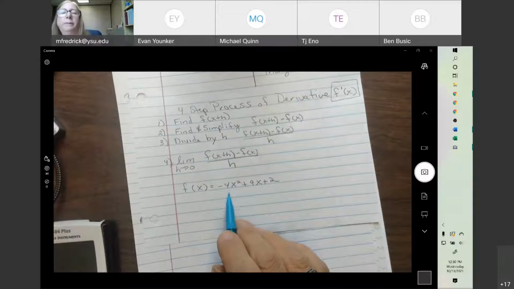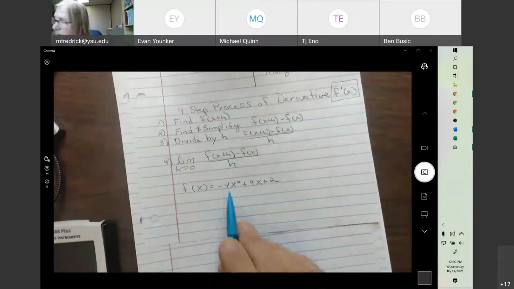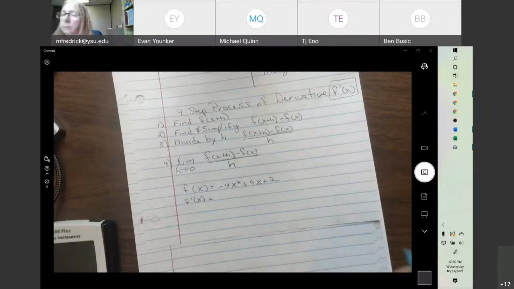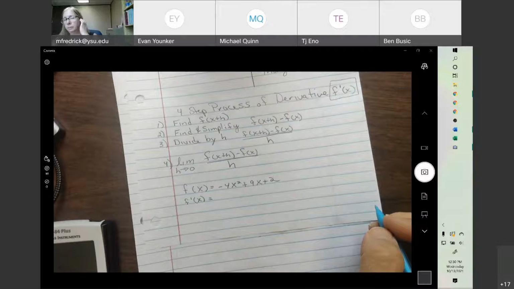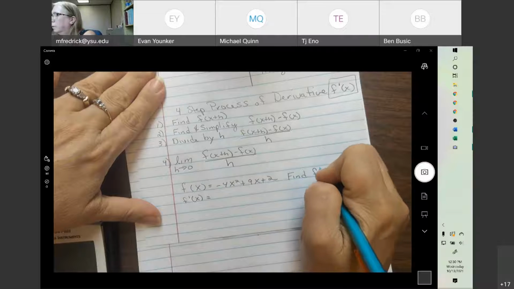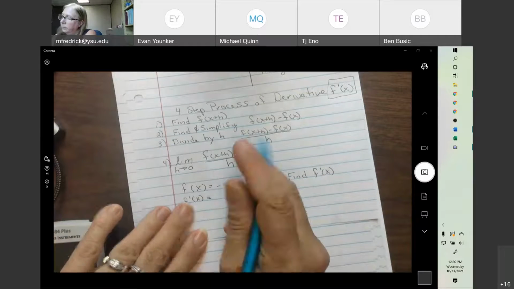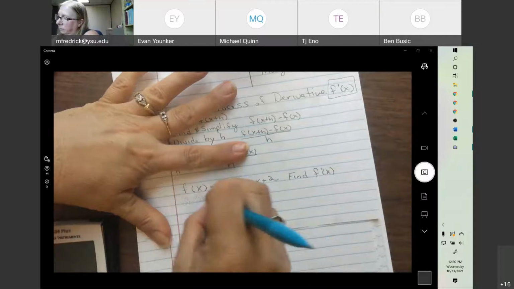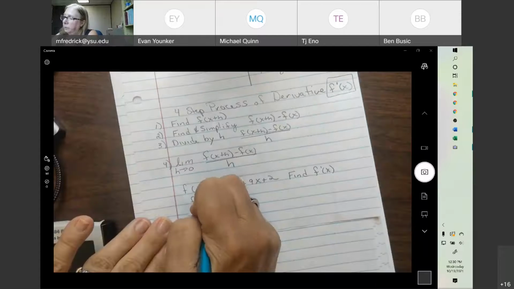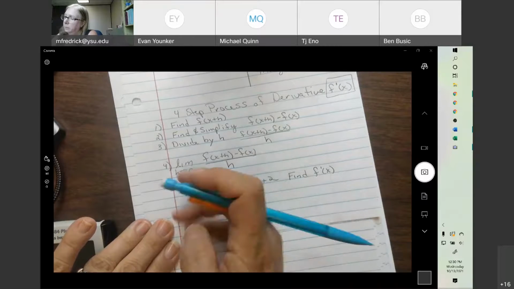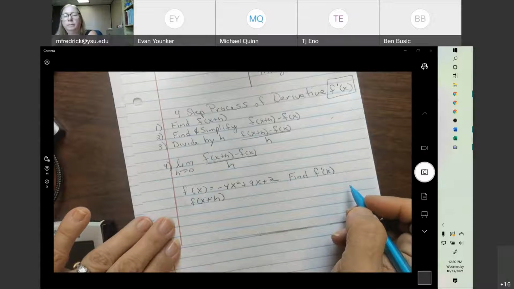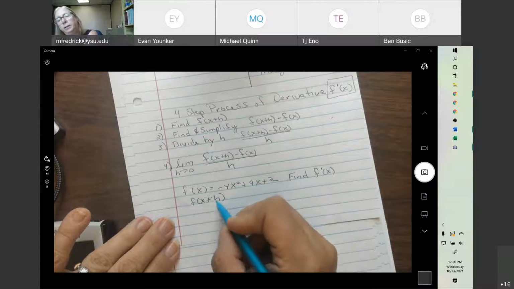So let's find the derivative of this. To find the derivative, let me put that over here. Using 4 steps. The first step, we find f of x plus h. That means wherever there's an x, put an x plus h.